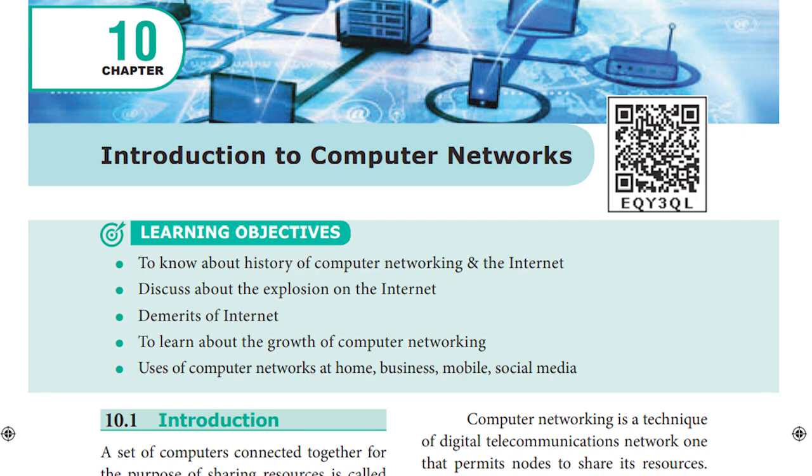Okay, here we'll be seeing the history of computer networking also. History means how this networking of computers started. It started around the 1950s itself. From the 1950s till date we'll be seeing the evolution of computer networking.